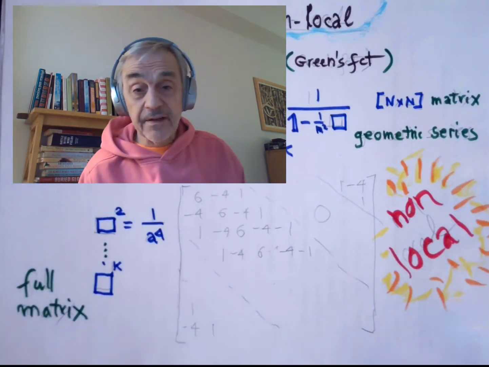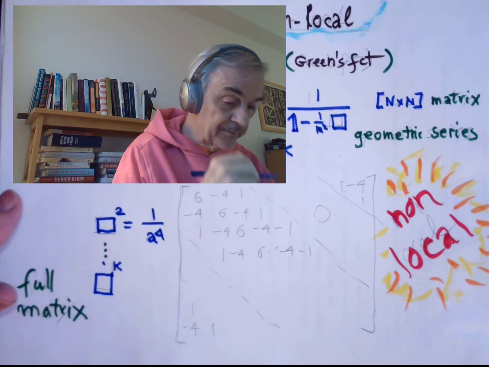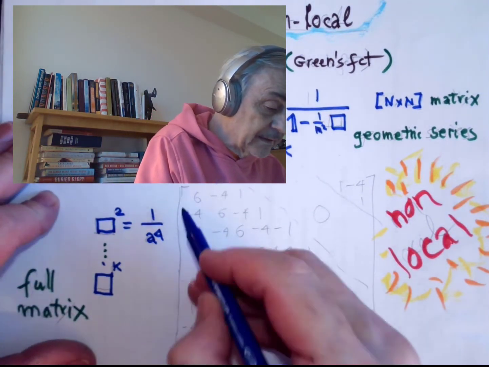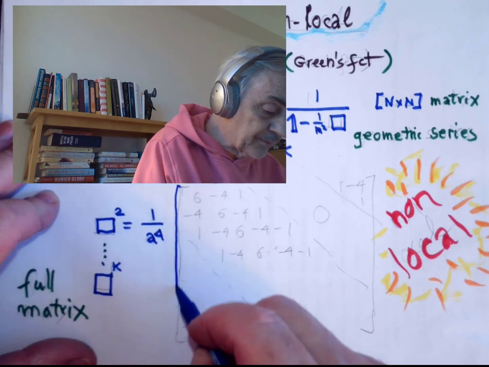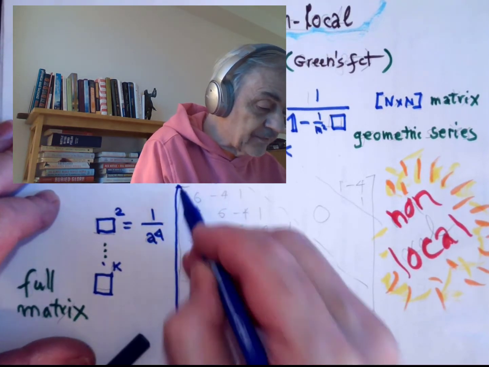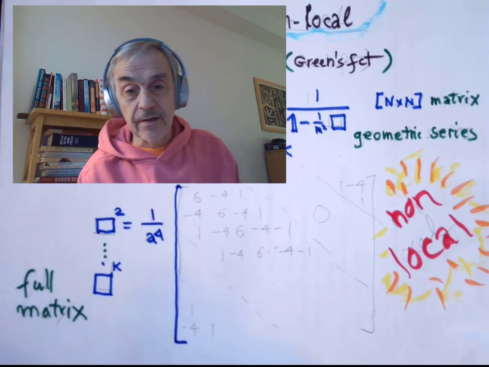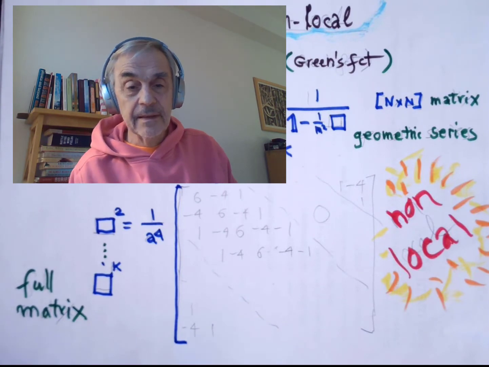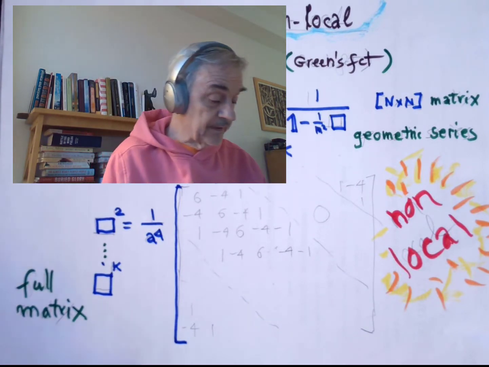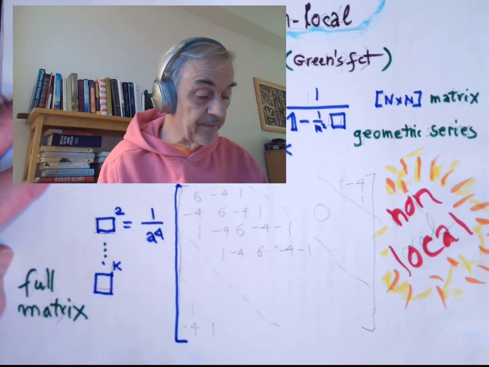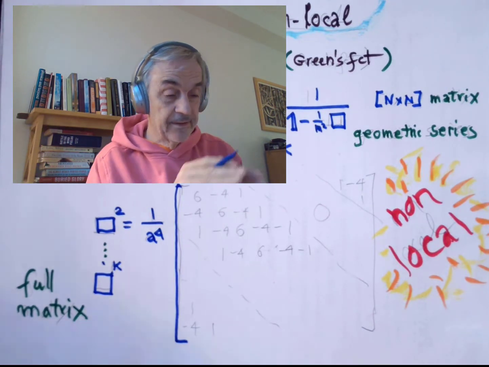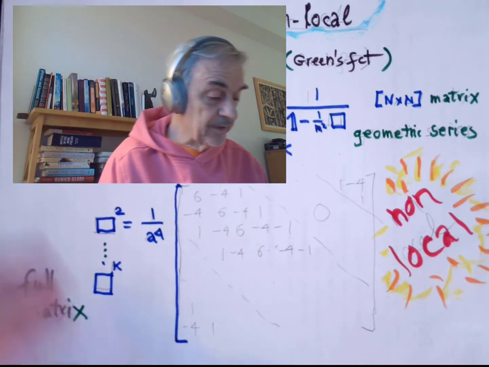It's a matrix, so we know how to compute the square of the matrix. And pretty soon you'll get the hang of these computations, but basically if you have a tridiagonal matrix, you will find out that you get something that has 5 diagonals.